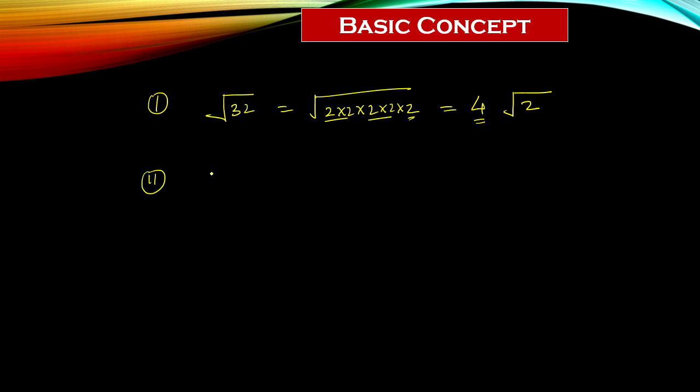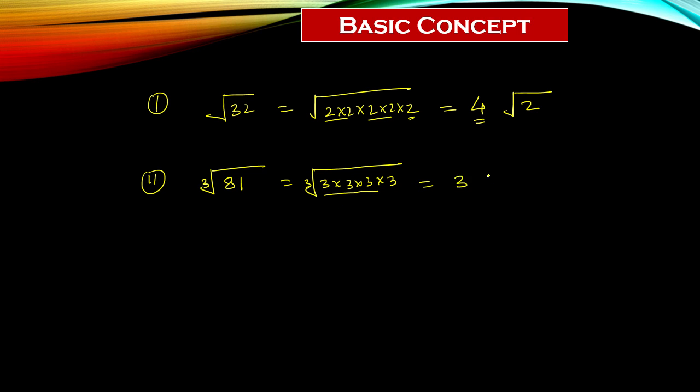Now the second example we can see here. Suppose this is a cubic root and the number is 81, the cubic root of 81. We will find the prime factorization of 81, that is 3 multiplied 4 times. In a cubic root we will find groups of 3 numbers, and out of one group we can create one 3 outside.